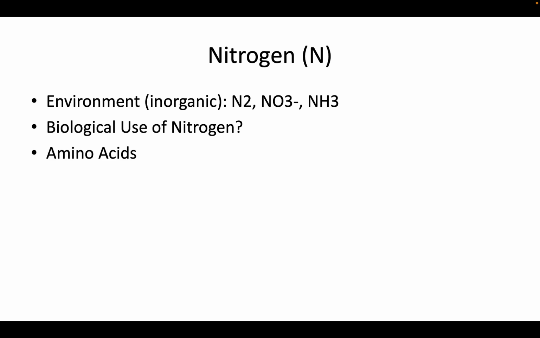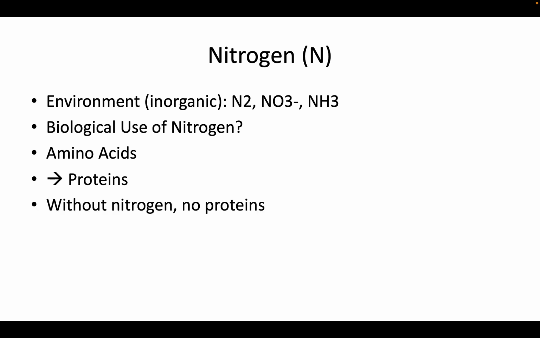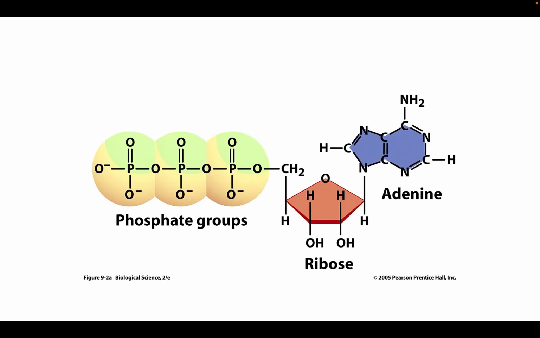They use them to build amino acids, and amino acids make proteins. So simply put, without nitrogen, plants have an inefficiency or a disability as far as producing proteins.